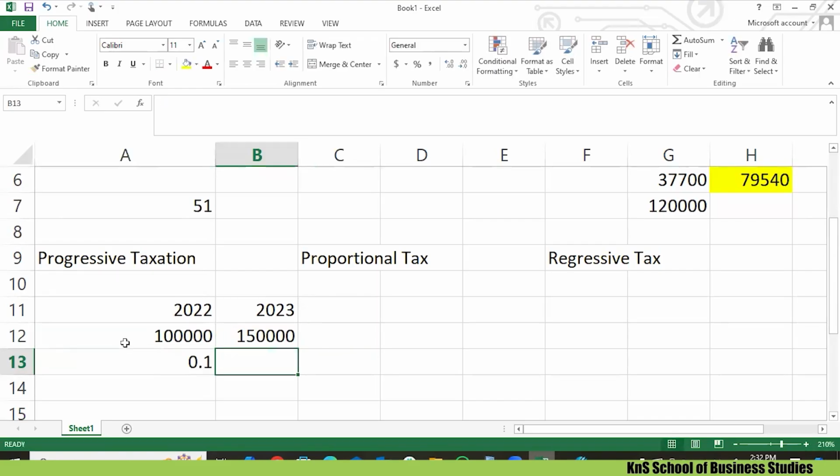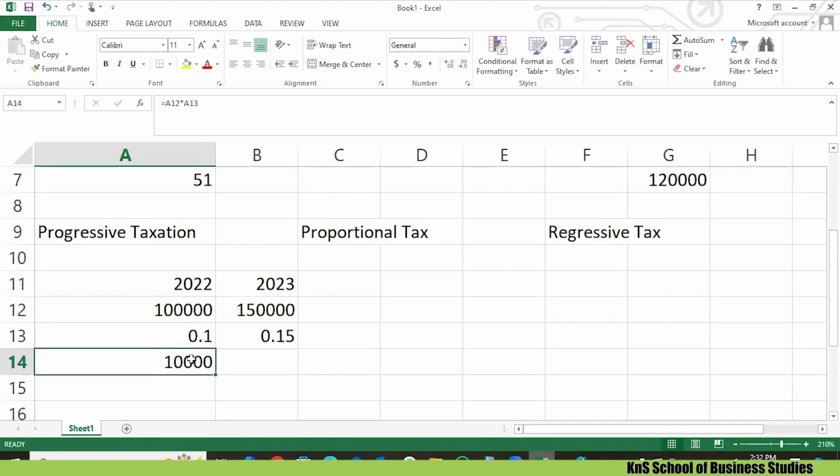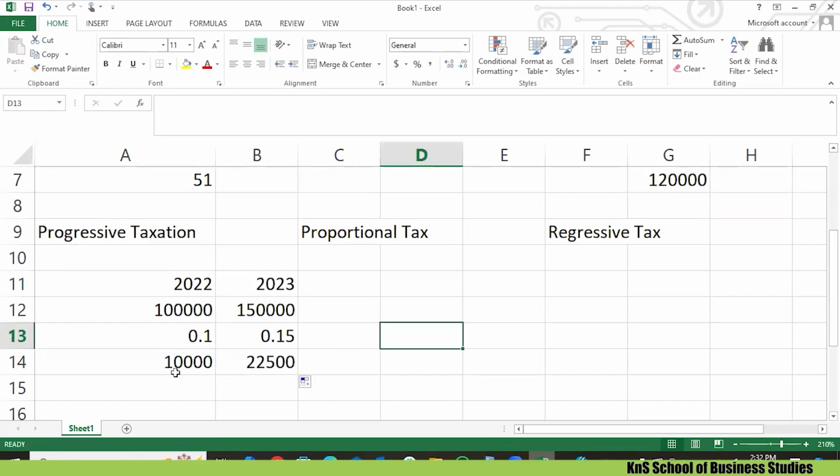Here I used to pay 10%, but in progressive taxation, now my percentage will also increase. So my tax has progressed, and that's why it's called progressive taxation. That year, I used to pay 10,000 only, but as soon as my income increased, I have to pay more tax in the next year.